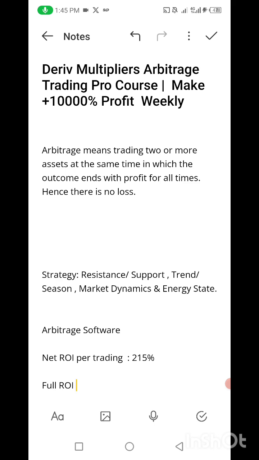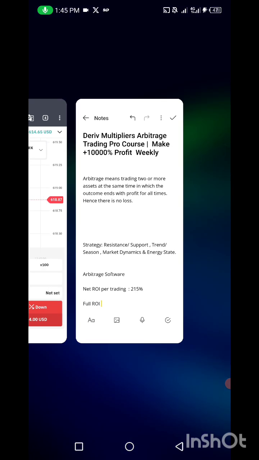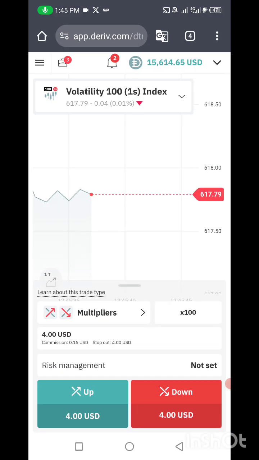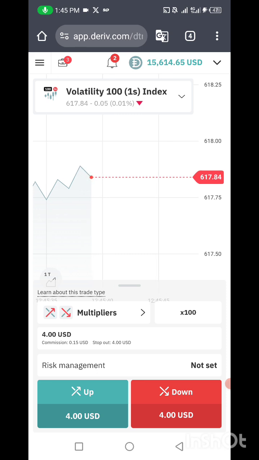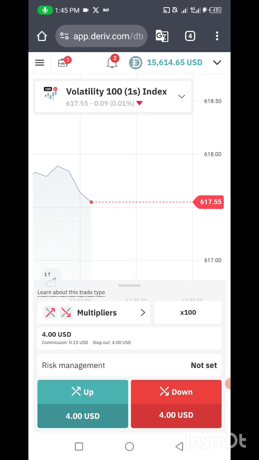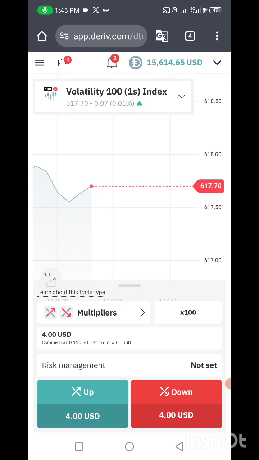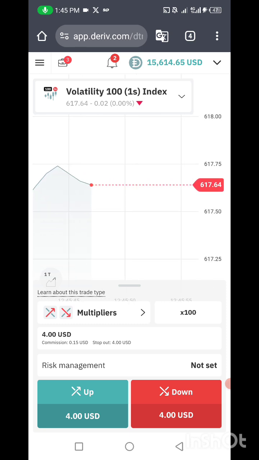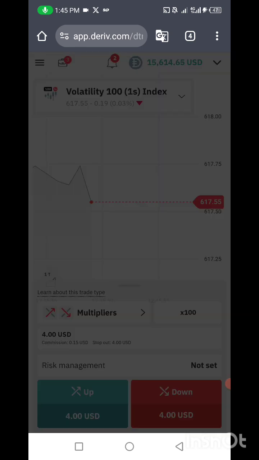Okay, so you really need to understand arbitrage, but then you need to understand multipliers. So I want to shortly show you multiplier on a demo account because I cannot show you my private account for security reasons. This is volatility 100 1s multipliers.